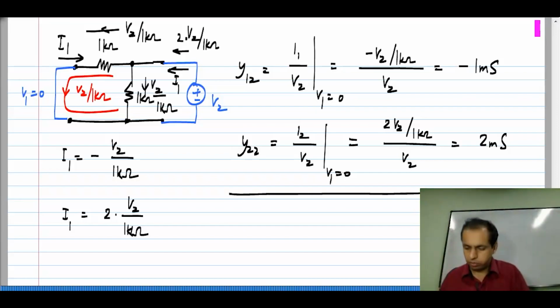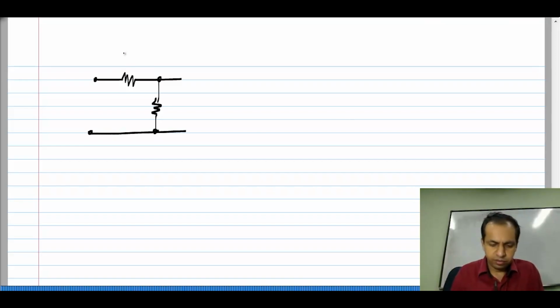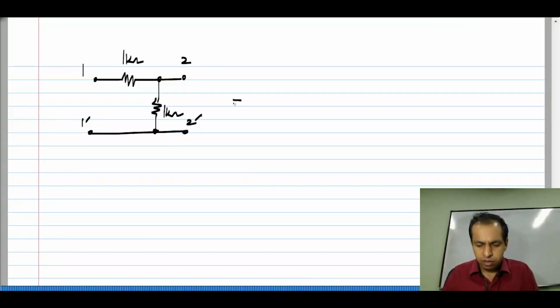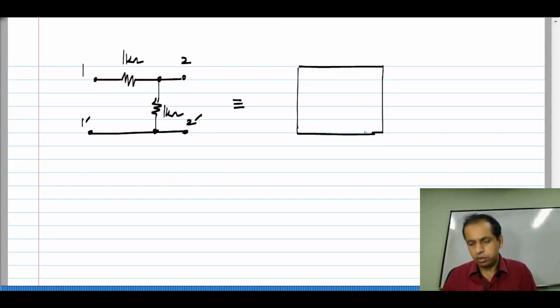So, now we have this circuit, 1 kilo ohm and 1 kilo ohm, 1 prime 2 prime. A representation of this is as a 2 port network.